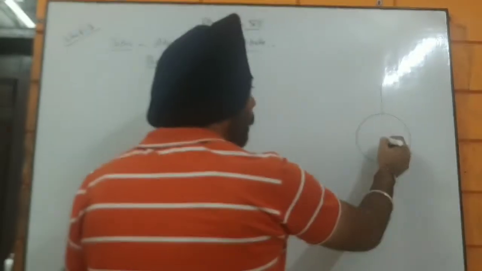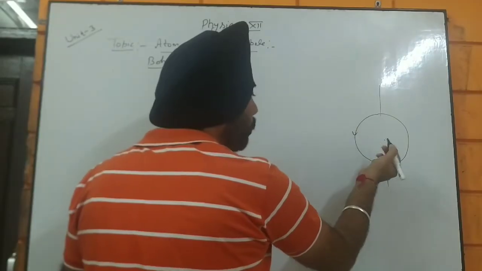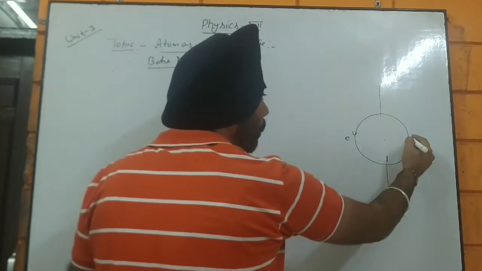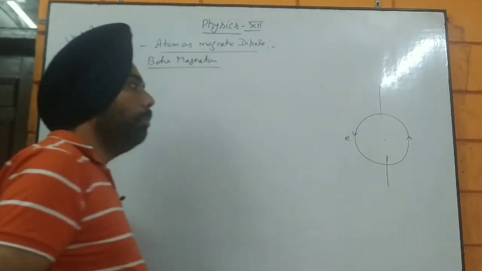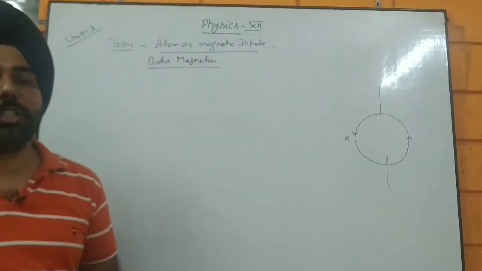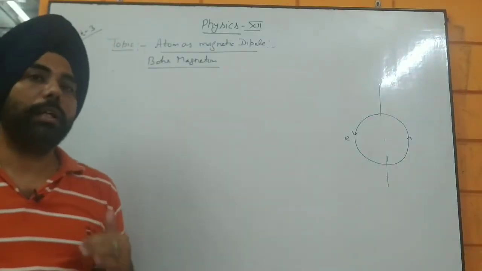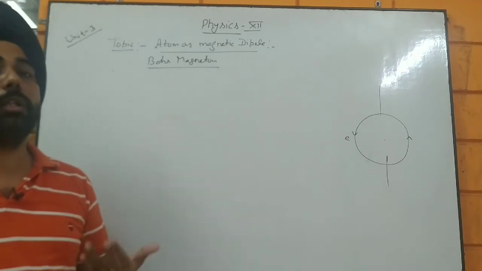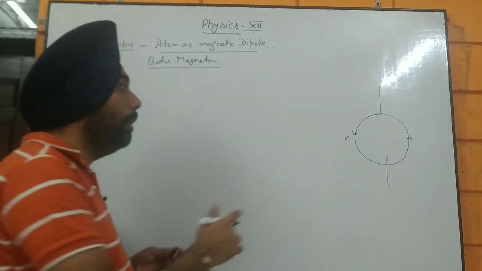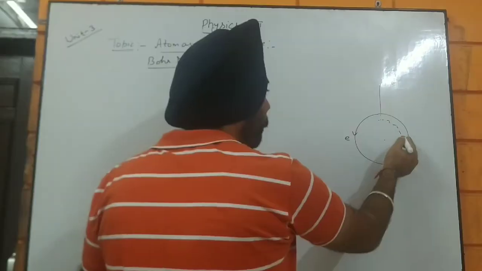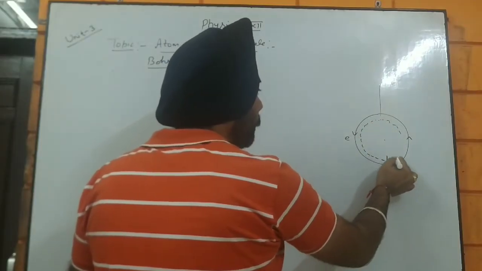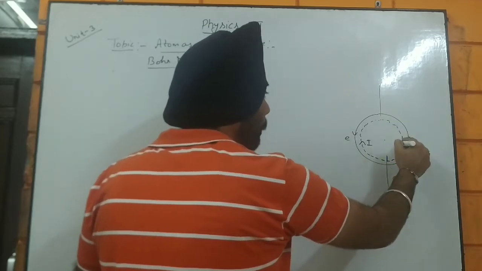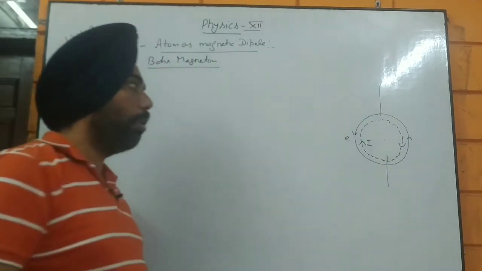As you know, the electron is revolving in the orbit, and assume that it is moving in anti-clockwise direction. If the electronic current is moving in anti-clockwise direction, which means the traditional or conventional current is moving, I am also going to mention the value of I here, always in the clockwise direction.